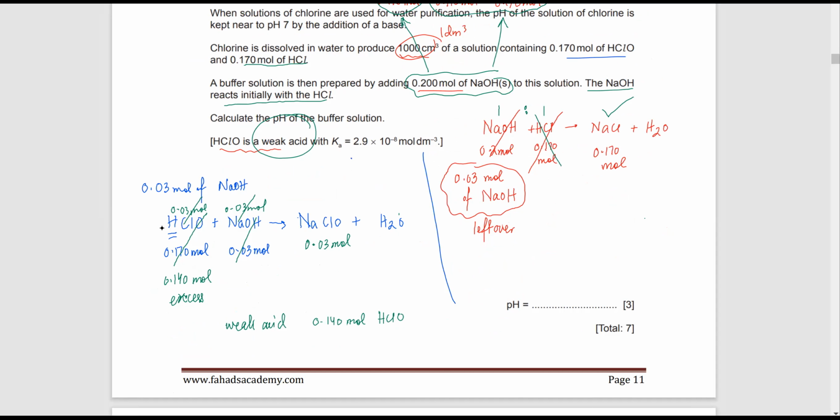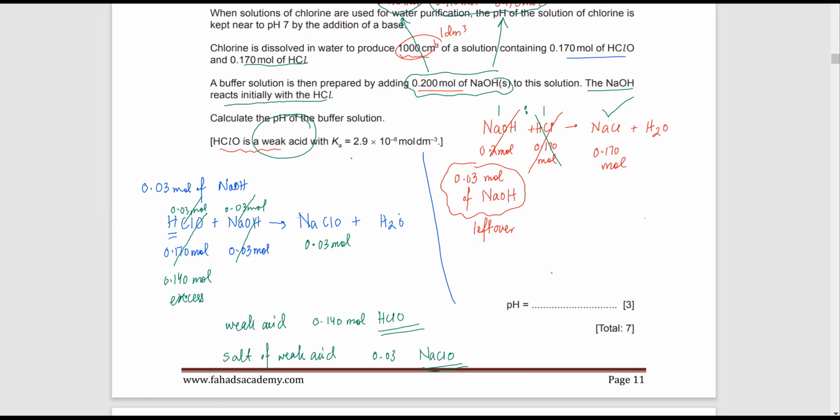And the other thing is you'll have a salt of the weak acid, and that's 0.03 moles of NaClO. So you'll have these two things in the mixture.